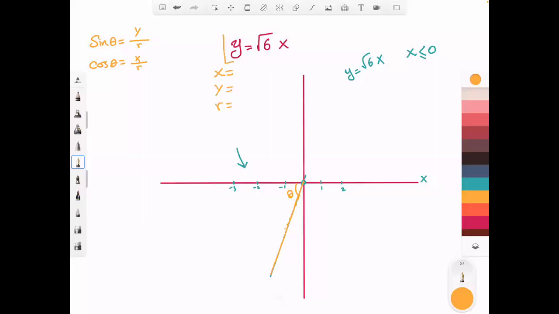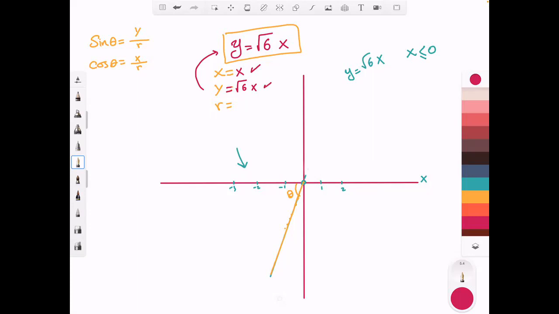For a question like this, because we don't know the value of x and y, you will leave it in terms of x. So we said x is x. Y, we have it right there, is root 6x. So the point is we're going to make everything in terms of x.